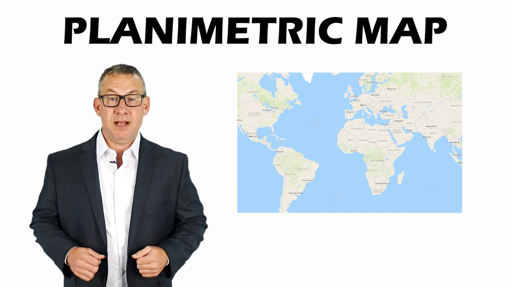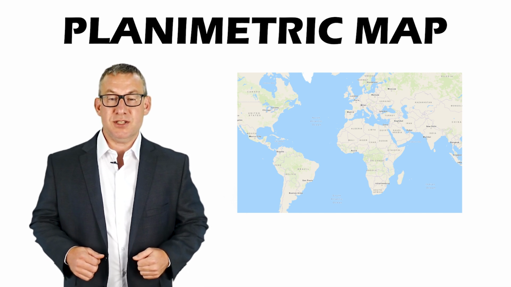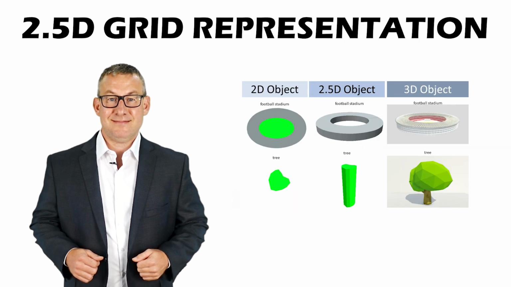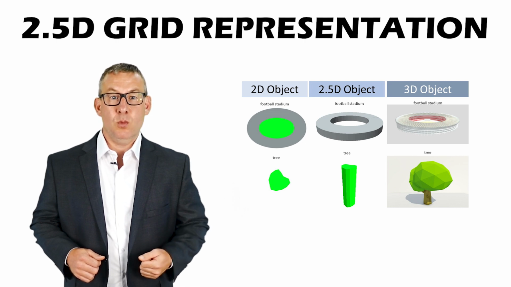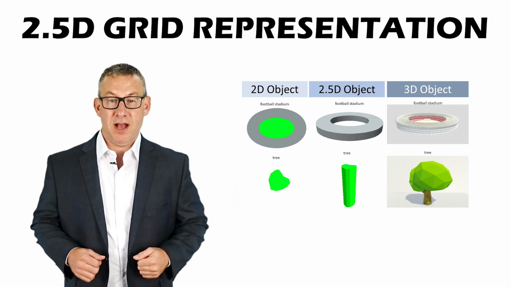All features on a planimetric map are 2D features. (2.5D) grid representation. A 2.5D representation is a two-axis grid in which each grid cell or vertex has one and only one z value.